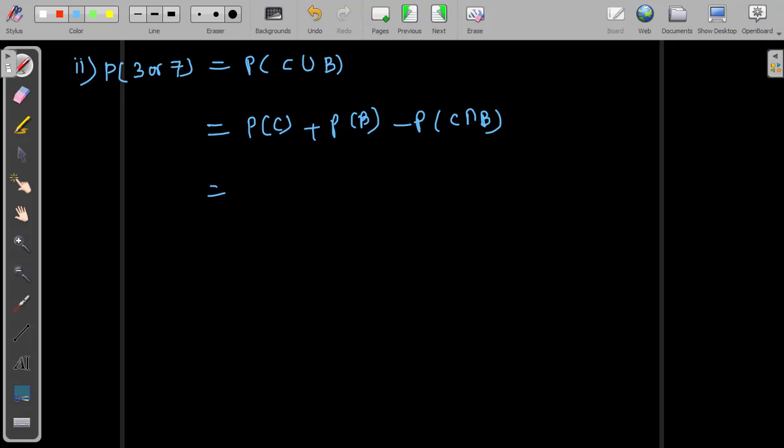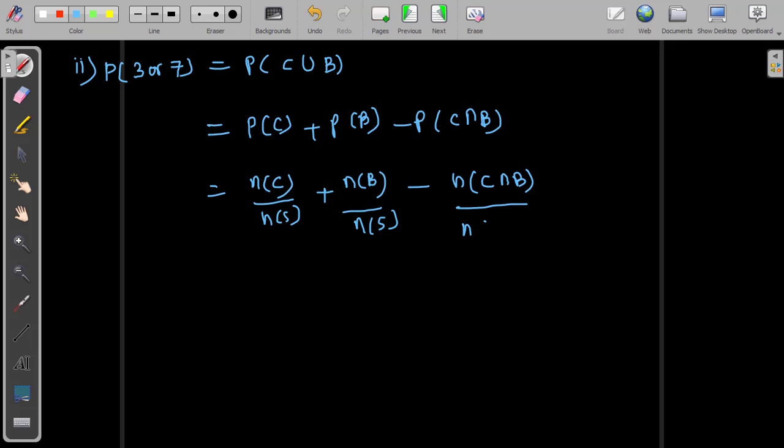This is equal to, by the probability definition, n of C by n of S. Again, the second term, n of B divided by n of S: favorable cases by total number of sample points. Similar pattern, n of C intersection B divided by n of S. Again, we will first check whether C intersection B has any common elements or not.